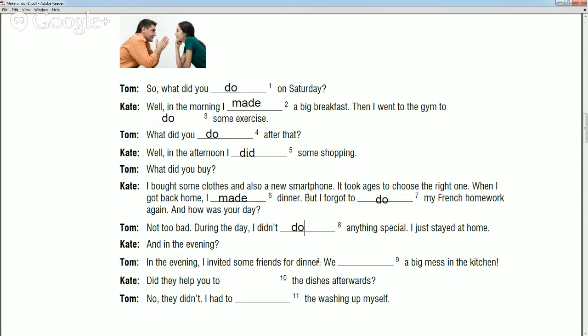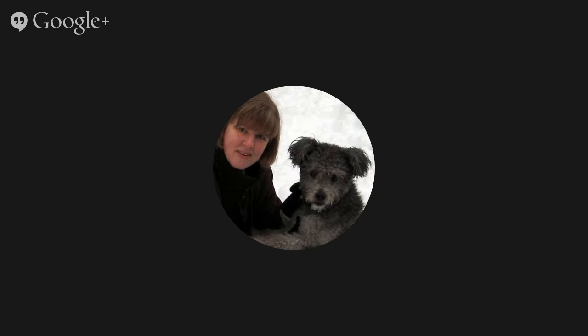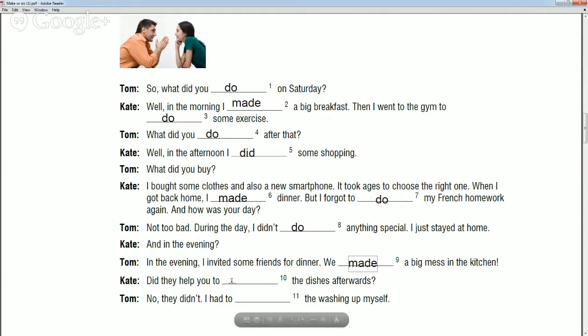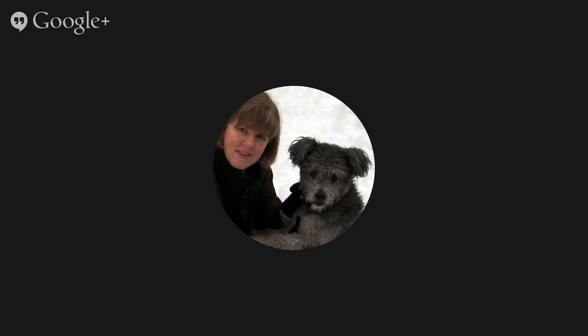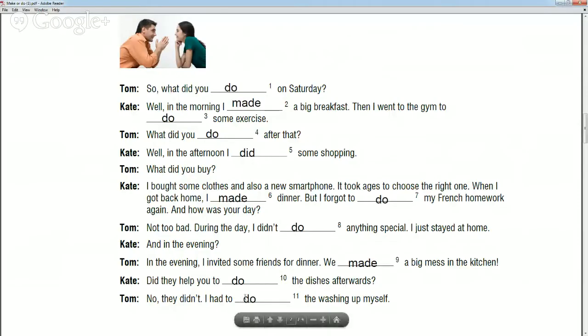We made a big mess in the kitchen. Did they help you to do the dishes afterwards? No, they didn't. I had to do the washing up myself. Washing up myself. Yeah, and that's British.